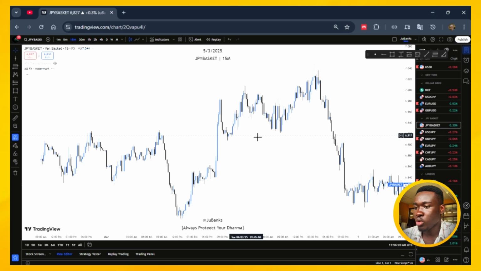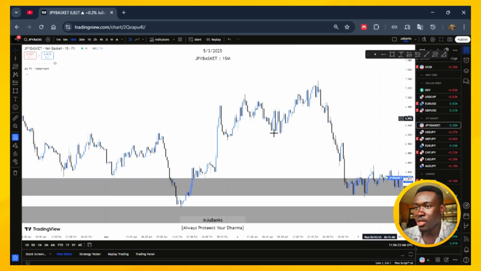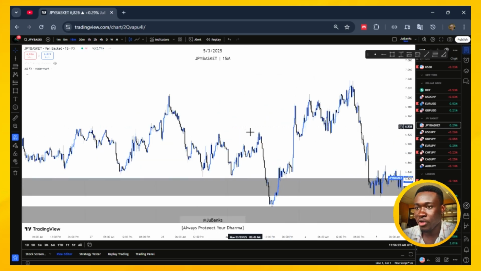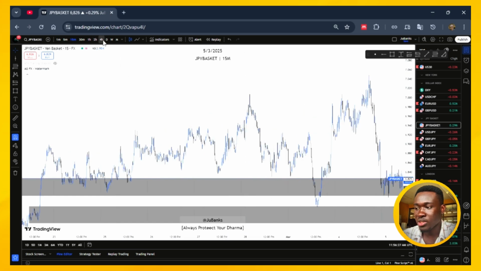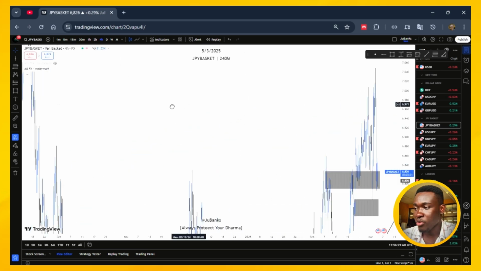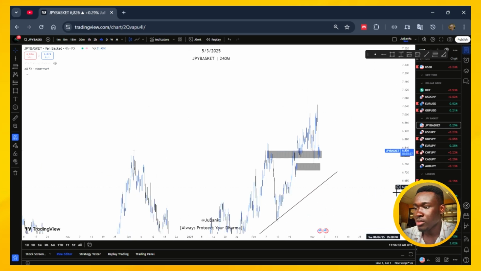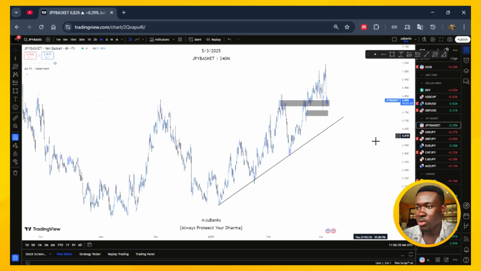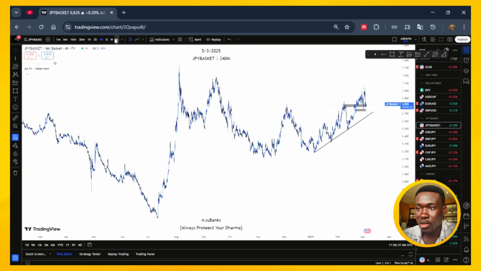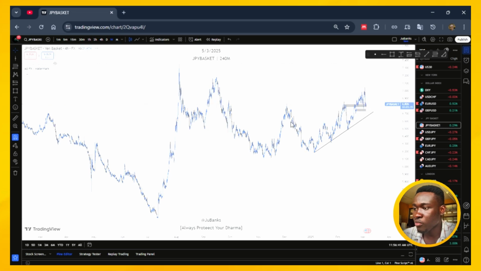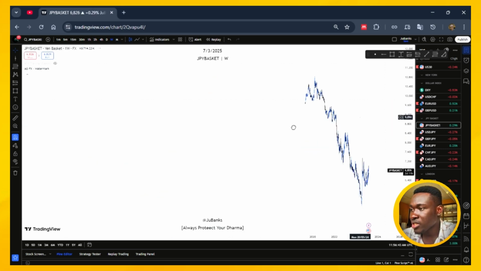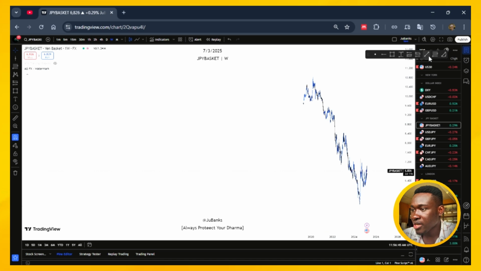Mind you, I think I didn't make mention of this: on a high time frame, there is a very strong trend line that has been resisting price for a while.